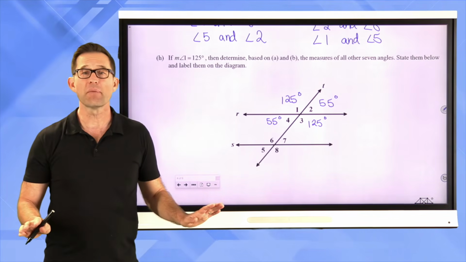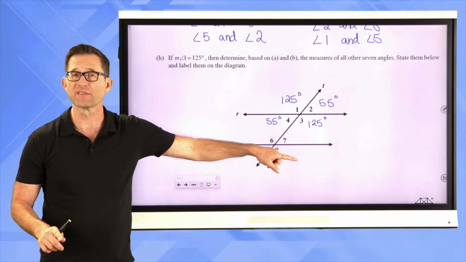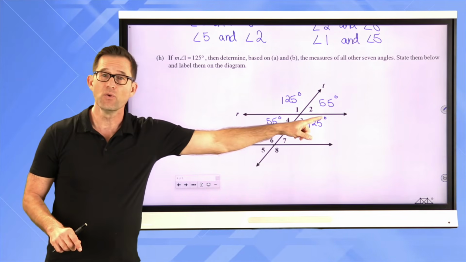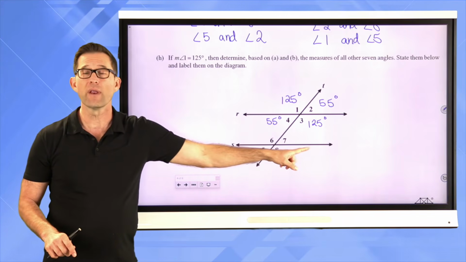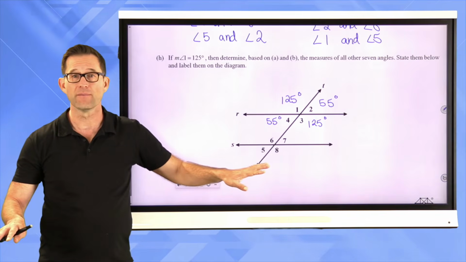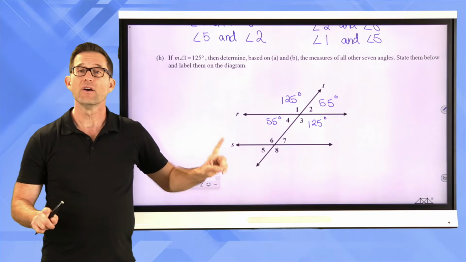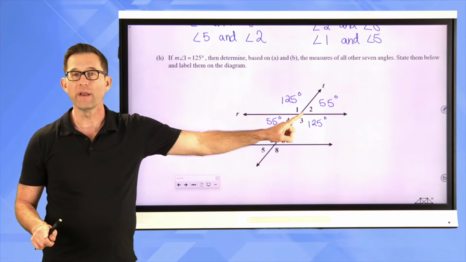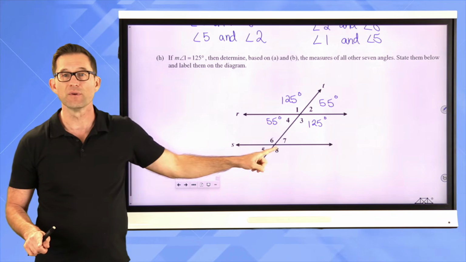So even if we didn't have parallel lines, even if we didn't have this second line at all, if 1 was 125 degrees, then 2 would have to be 55, 3 would have to be 125, and 4 would have to be 55. No getting around that. All right. Now here's the key. Corresponding angles will always be the same. So if 1 is 125 degrees, so is 6.